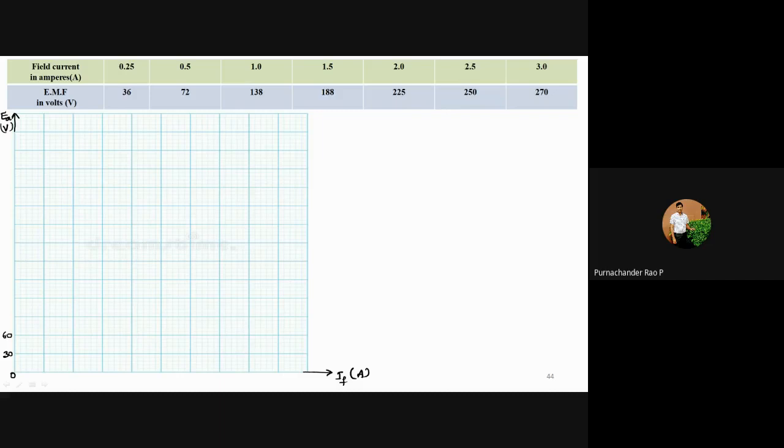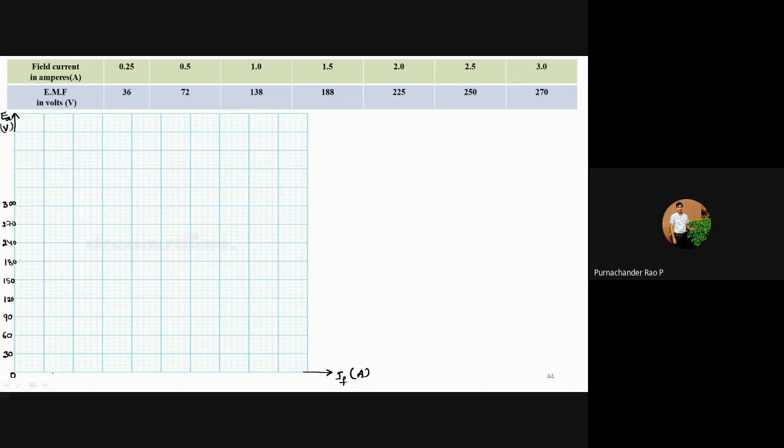This is going to be 60, 90, 120, 150, 180, 240, 270, and 300, because your voltage is up to 270.